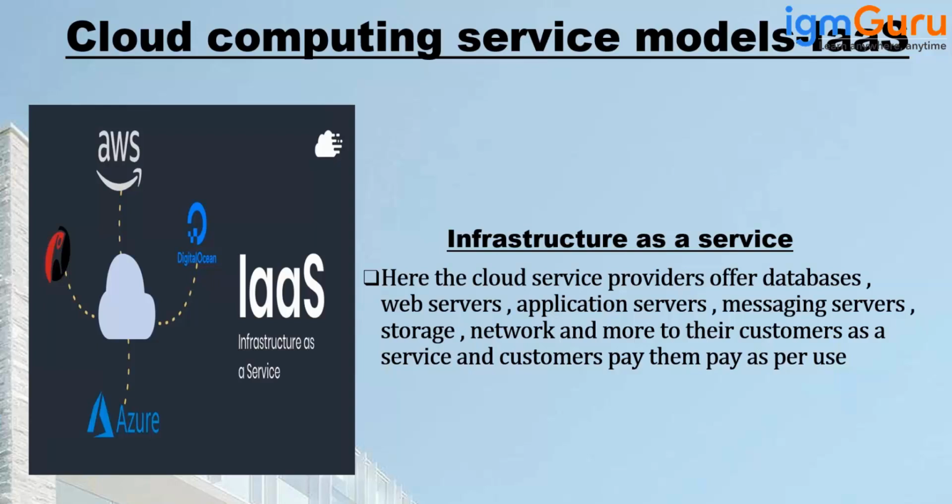Now, since we are accessing everything remotely over the internet, we do not have access to direct physical infra, and the closest way of accessing the cloud computing infra is using infrastructure as a service.